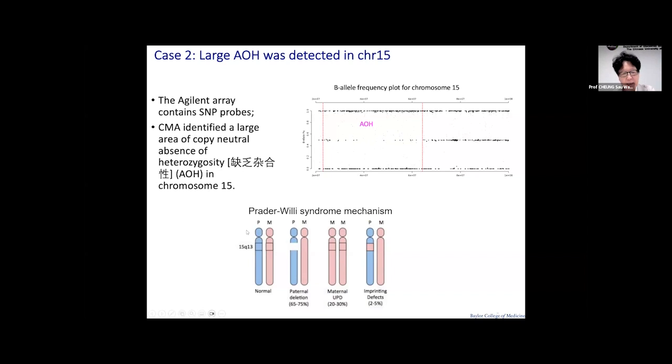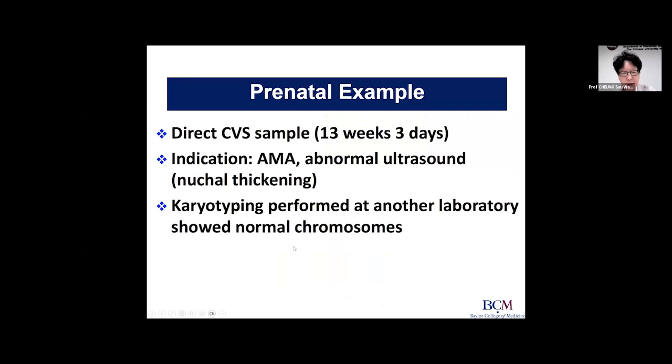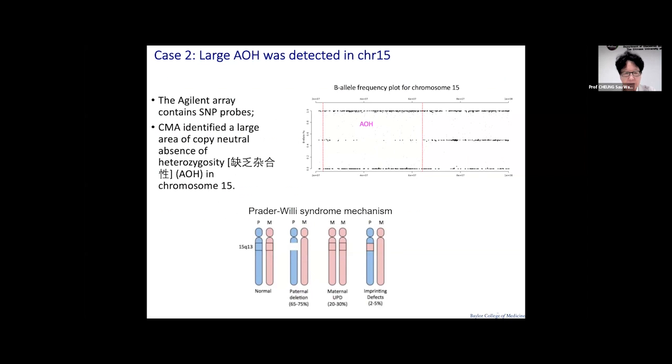So when we study Prader-Willi syndrome, there are 4 scenarios that can cause Prader-Willi syndrome. For the majority, this is the normal: one from the father, one from the mother, and they are normal. Whereas if the deletion is on the paternal side, in 65 to 75% of cases, if the paternal allele is deleted, then you have Prader-Willi syndrome.